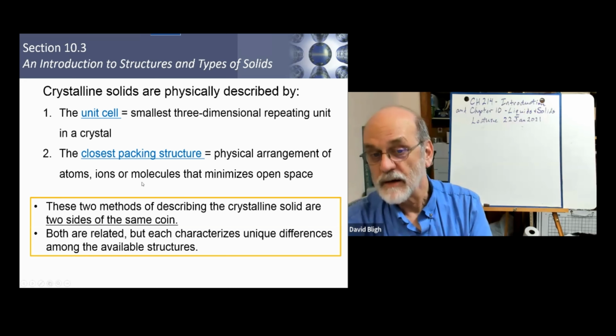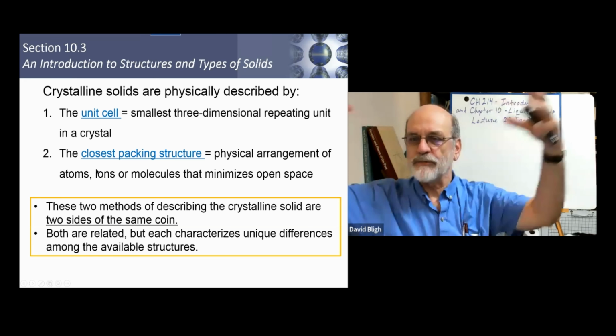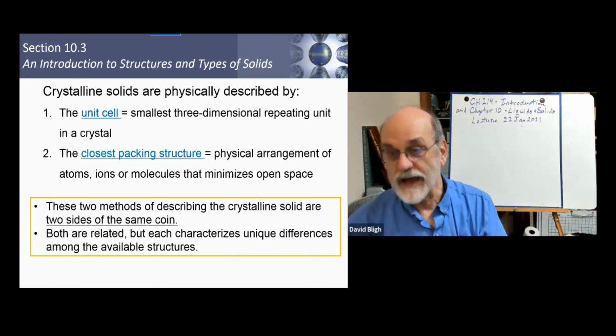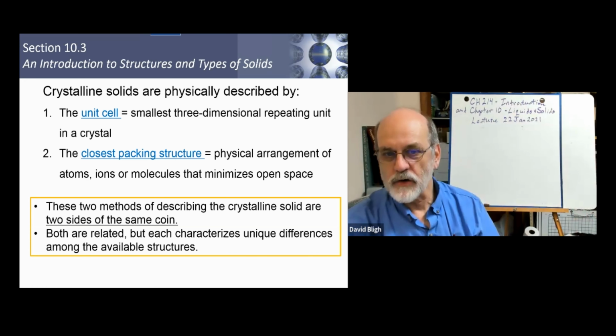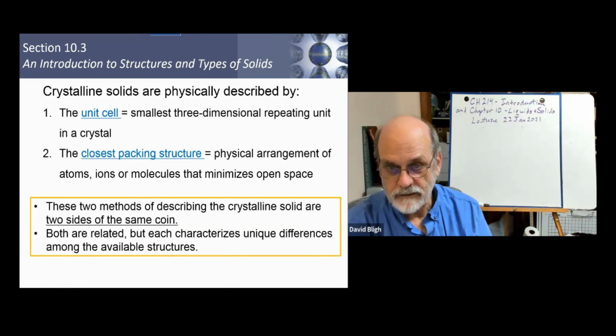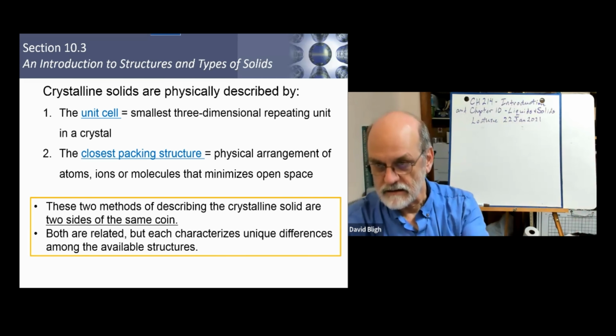Now we're talking about possible molecules, ions, or atoms, right? So we've expanded our discussion from molecules to include everything. The closest packing structure, or the closest packing model, minimizes free space, open space in the crystal.